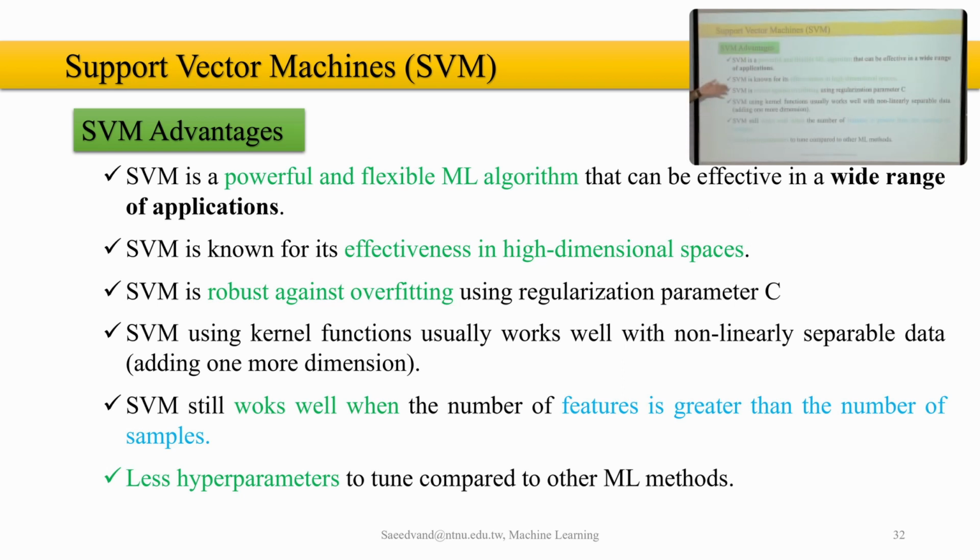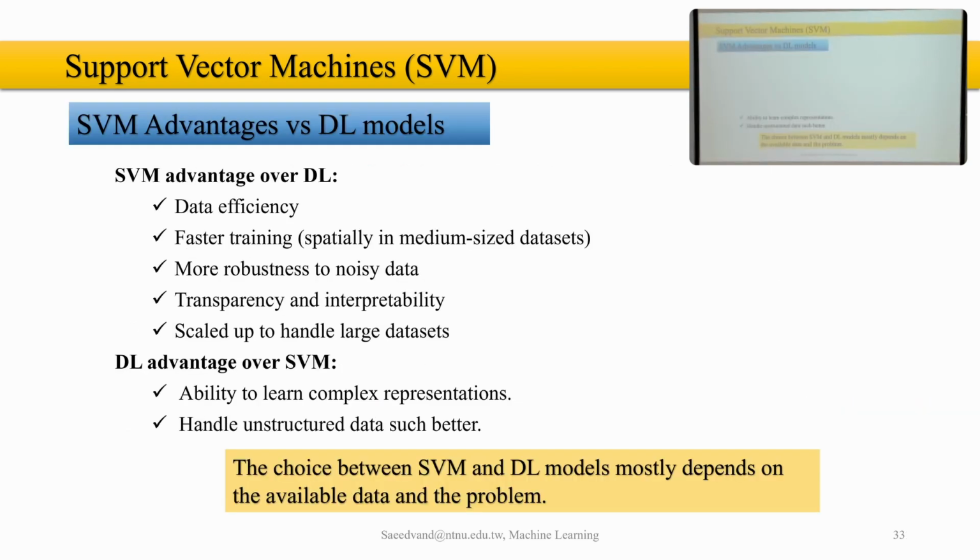Although I introduced some, the kernel and parameter C, it is still easier to fine-tune. So let me bring it all together. Although we haven't studied deep learning, you've heard of it or are a little familiar with it, so let's have a general look at the advantage of SVM over deep learning techniques.